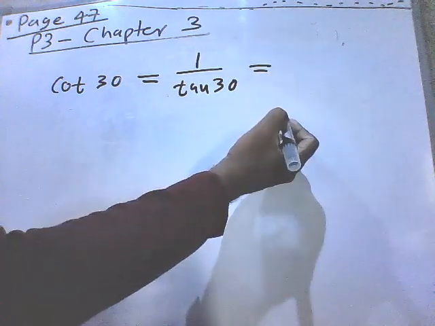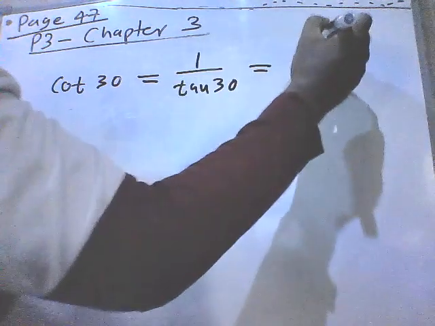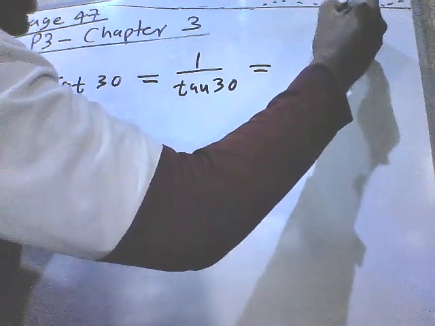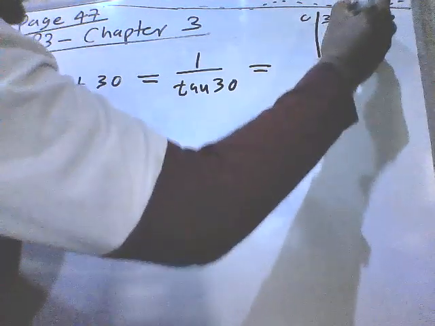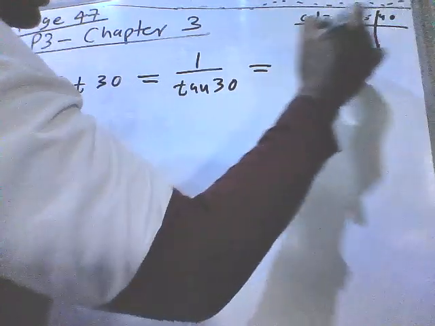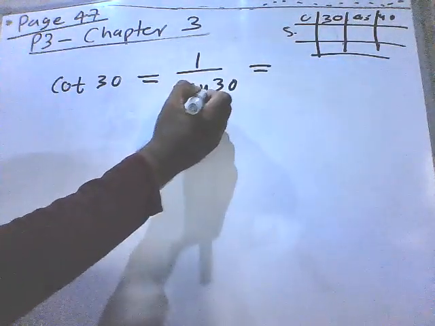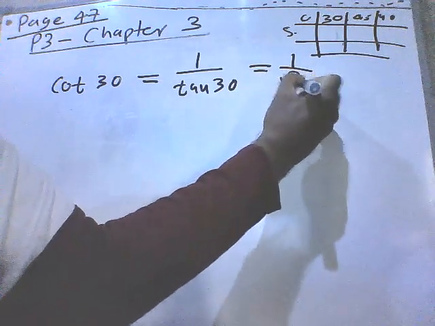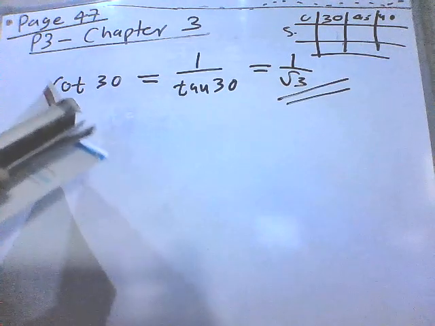Now tan 30 we know from the table. Can you remember the table for 30, 45, 90, 0? We discussed these things. For these, sin, cos, tan values are there. From here, tan 30 is 1 over root 3. This you can find. So we'll do example 1.